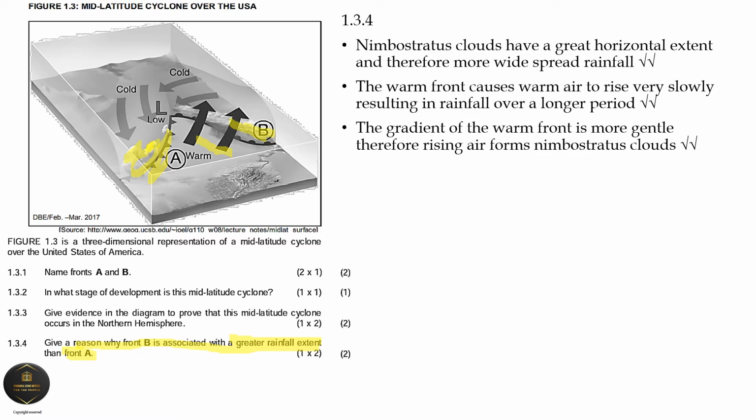And remember now, front B is the warm front, and the warm front has nimbostratus clouds. Nimbostratus clouds are not vertical clouds, but horizontal clouds, so they have a greater horizontal extent, and therefore they will affect a wider region as compared to the clouds you'd find at A. And the warm front causes warm air to rise very slowly, so this will result in rainfall over a long period of time.